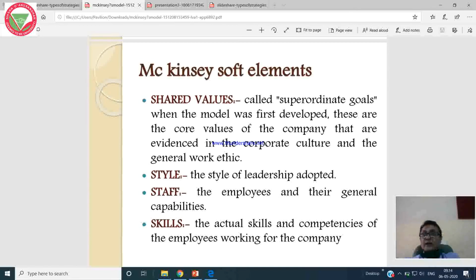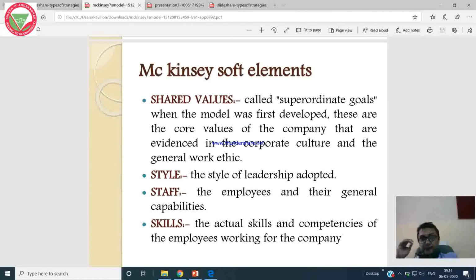They will only give you the problem. You as a manager, you as an employee, need to brainstorm, come up with the solution, and then inform the leader. These are the basic differences between various types of leadership.